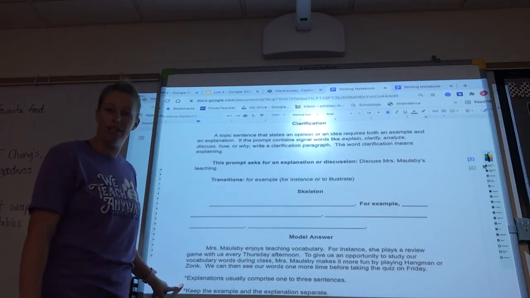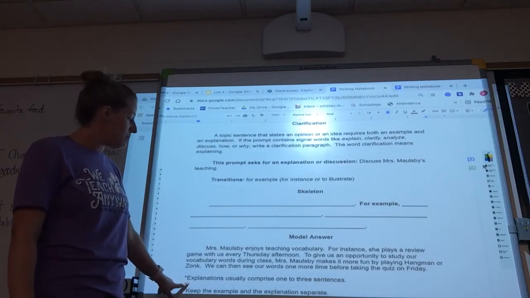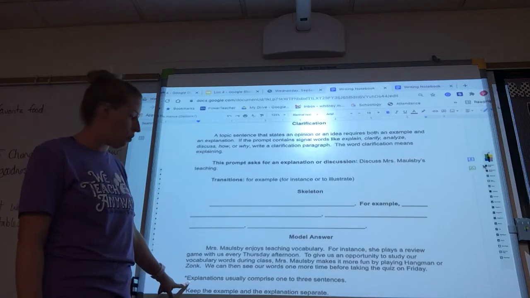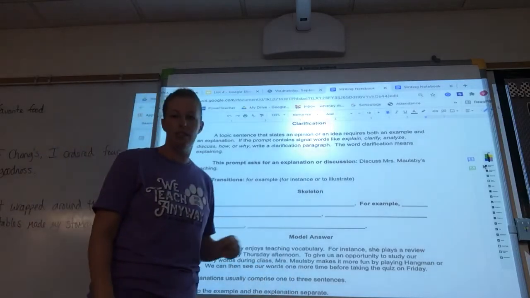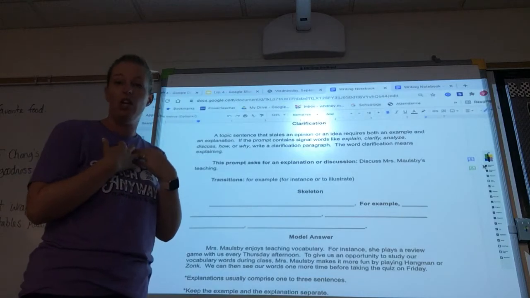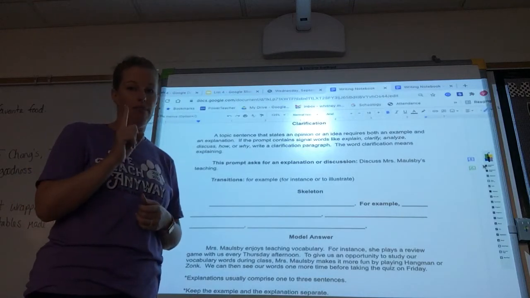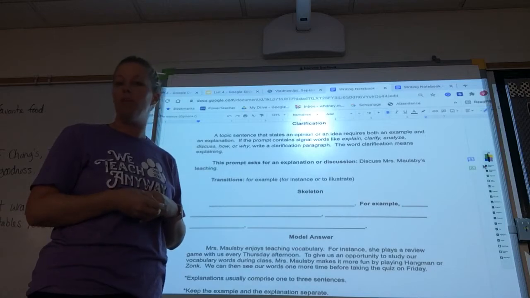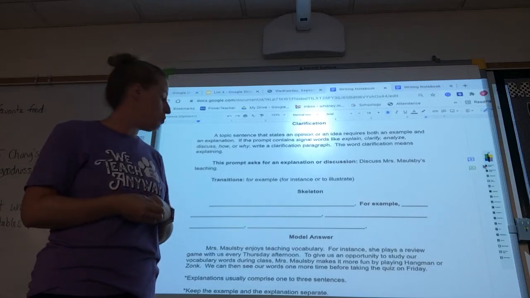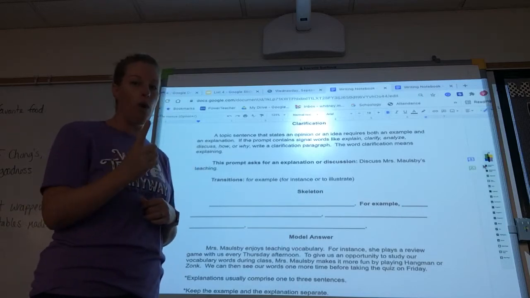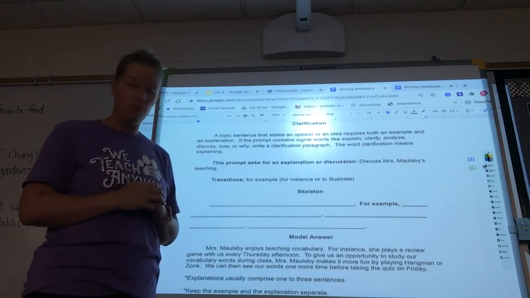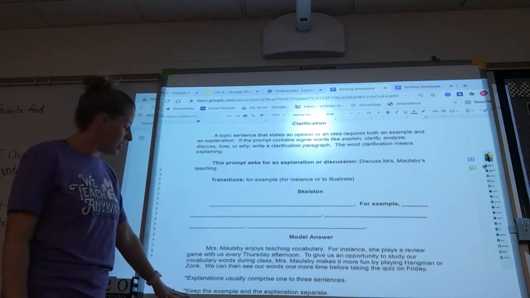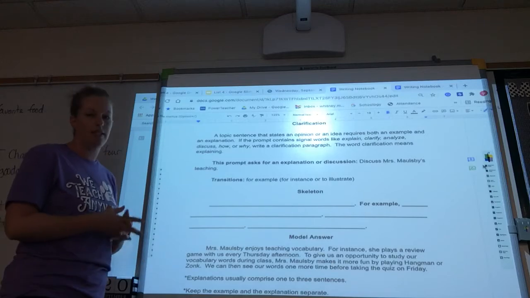I want to point out these details at the bottom. Explanations usually are going to be between 1 and 3 sentences. For me, you have to have at least 1, but you can also have 2 or 3. I would prefer that you don't go above 3 because then you're going to get wordy. So you will need 3, 2, or 1 sentences for your explanation. And then here, keep the example and the explanation separate.